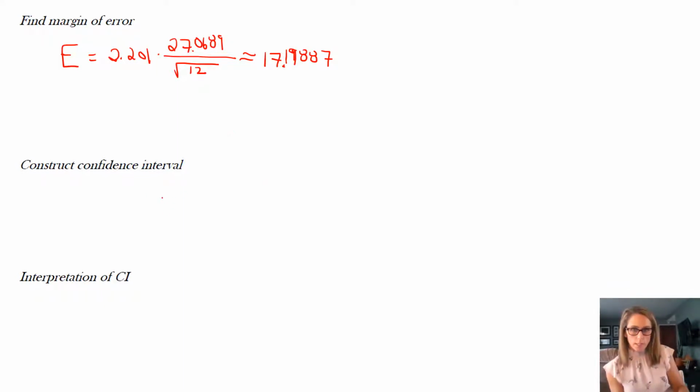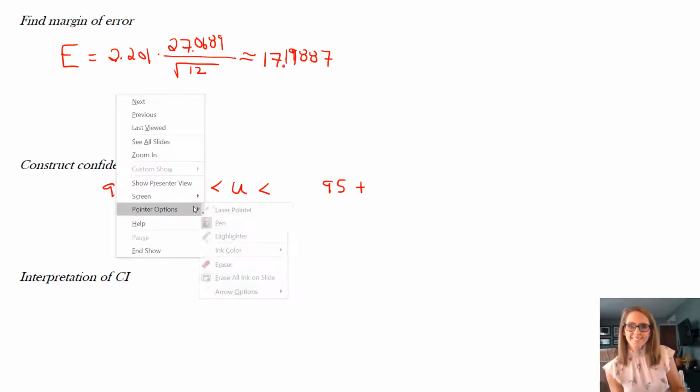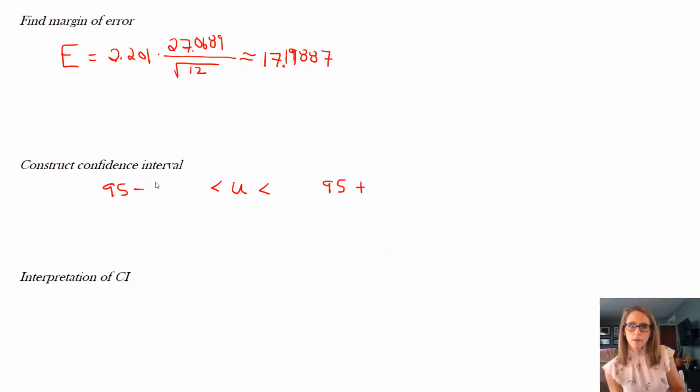To construct the confidence interval, we take our 95 on either side, we subtract, we add the error. In the middle, we will have our mu, population mean, and 17.1989.